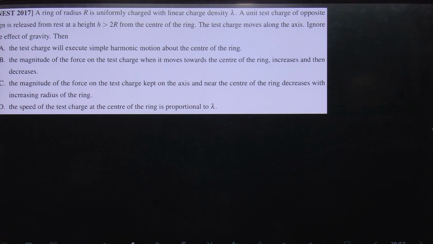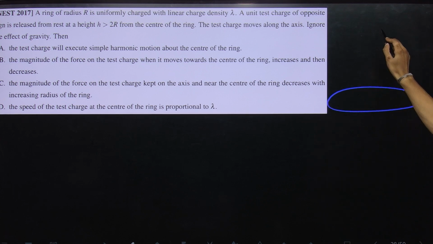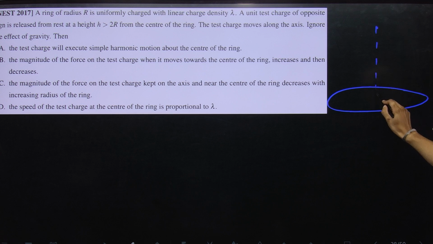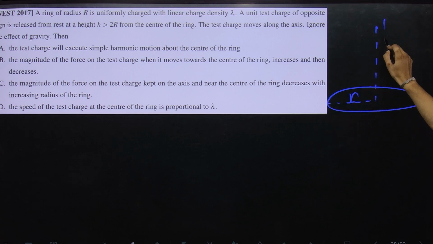In this question, we have a ring of radius r with uniform charge density lambda. If you remember the result for the ring at a height h with a radius r, then you can easily write down the value of force.